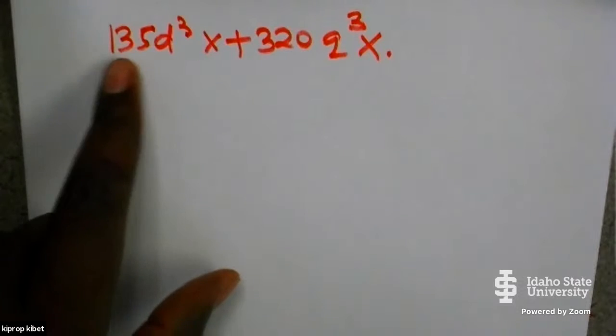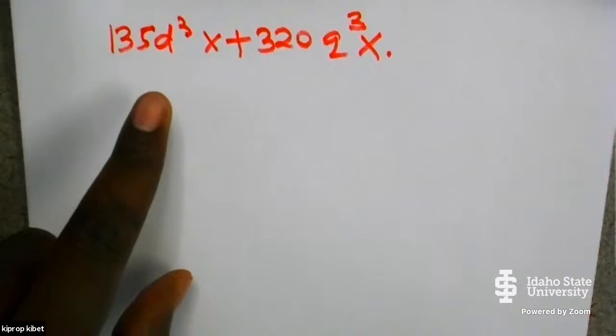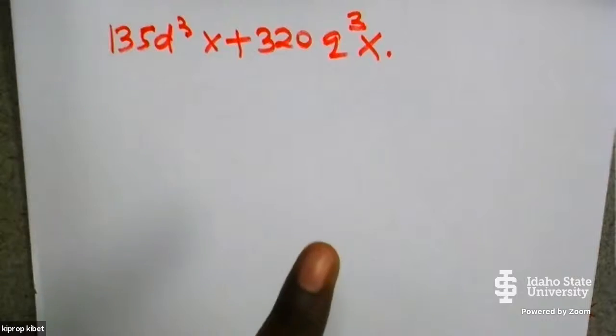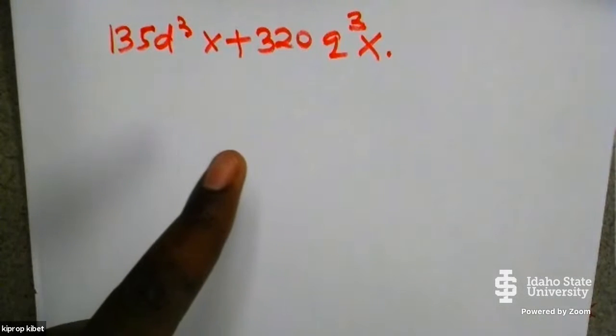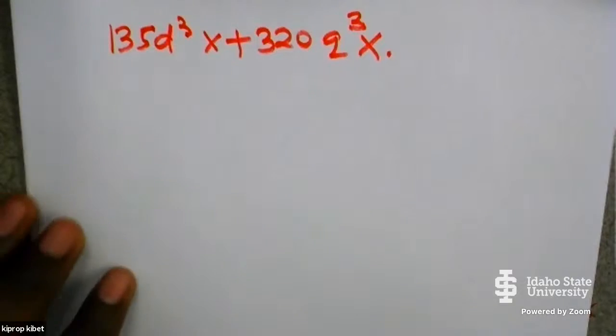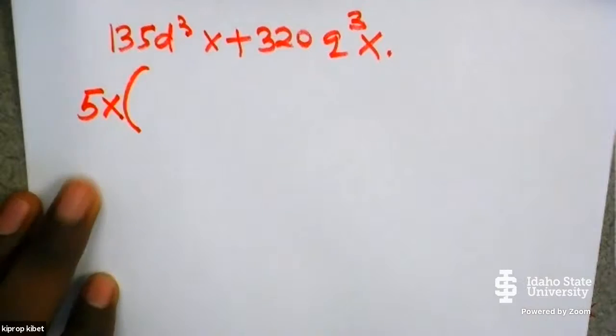So what should we factor out there? The greatest common factor is what? I can see x, and I can see we can divide everywhere by 5, so I can see 5x. So what will remain?